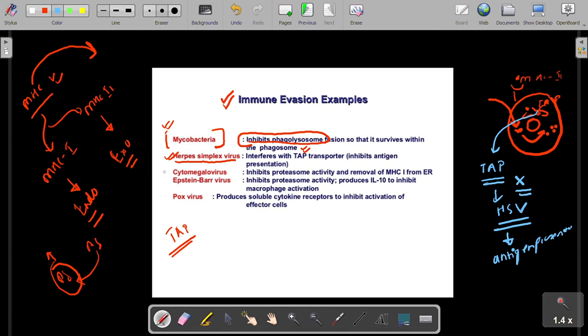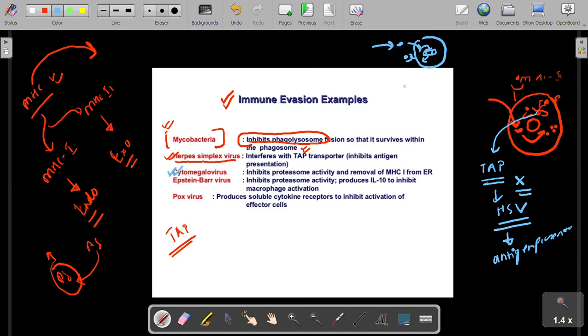Another example of immunoevasion is cytomegalovirus. So what does cytomegalovirus do? It inhibits the proteasome activity. As we know, when some antigen is encountered inside the cell, it is degraded in the proteasome complex, and after that it is taken to the cell surface for display.